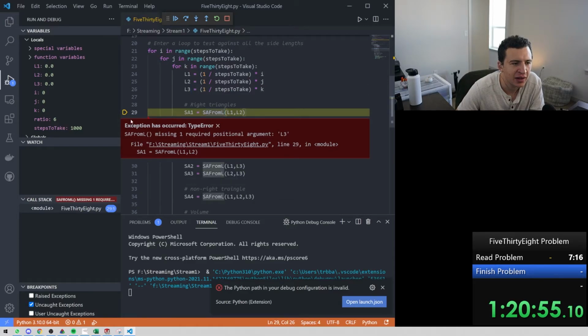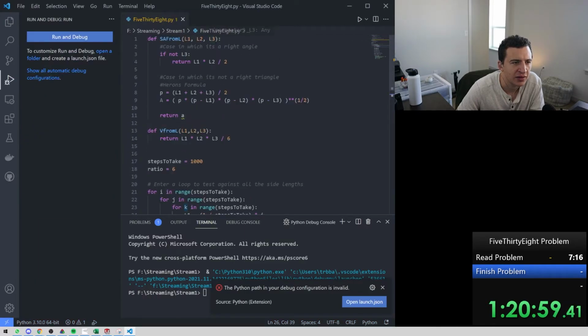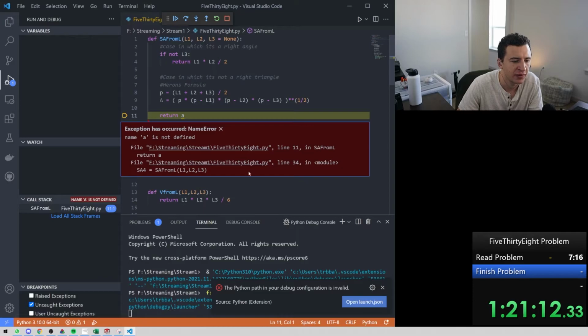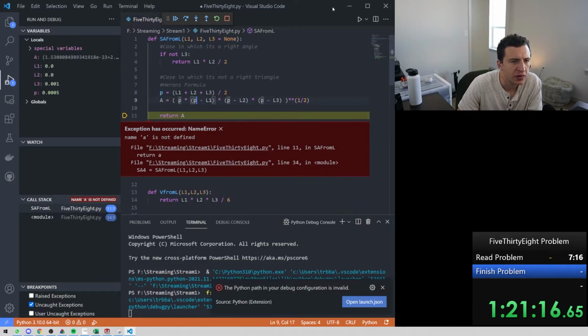L3, yeah. Okay. I tried to get a little cute with it. It doesn't like that. Can I do this? No. Oh my god, I'm in JavaScript again. None. I think I can do that. Cool. Typo.